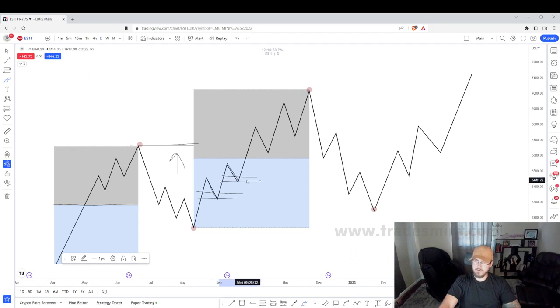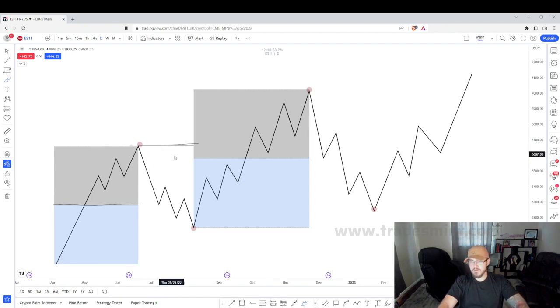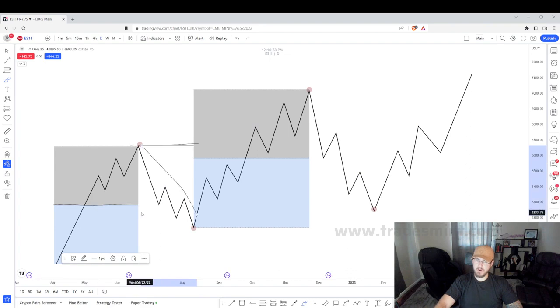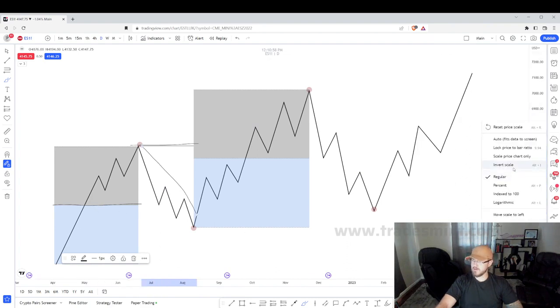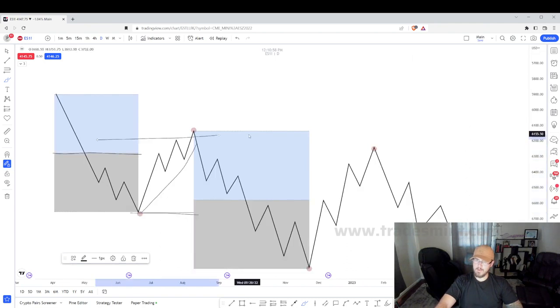So all those down moves should be looked at as a buying opportunity to take up here. So whenever we're looking at retracements, which is going to be when we're coming back down to our discount, or if you're bearish, you're going to be going back up to a premium.